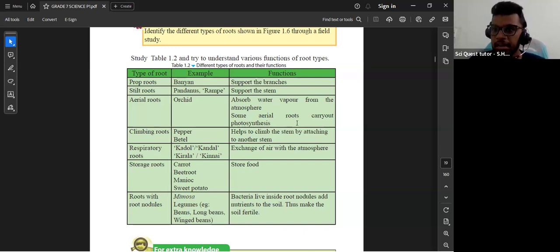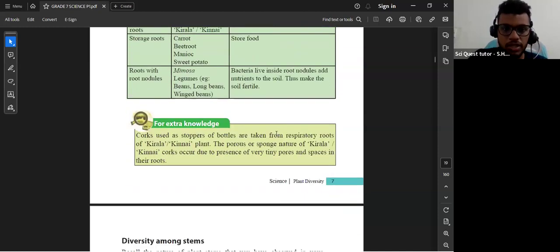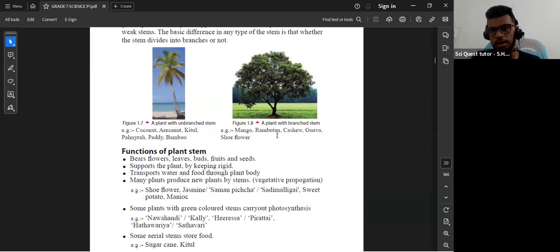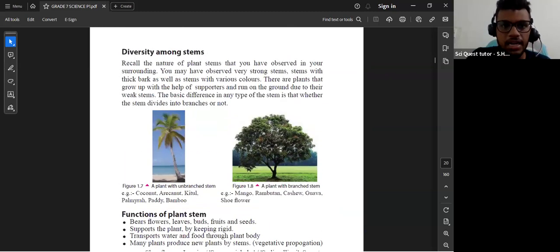Okay. First, let's study especially the diversity of the stems and the leaves. Then we'll move on. Now let's start. When it comes to diversity, students, there are different types of stems in plants. Stems can be strong stems, they can be weaker stems, and also stems which have a thick bark.